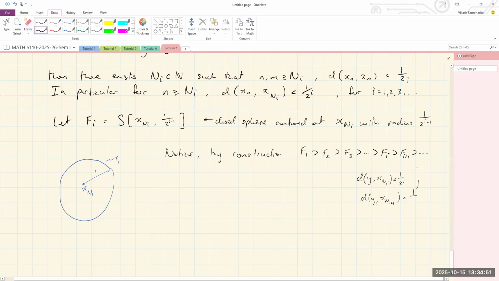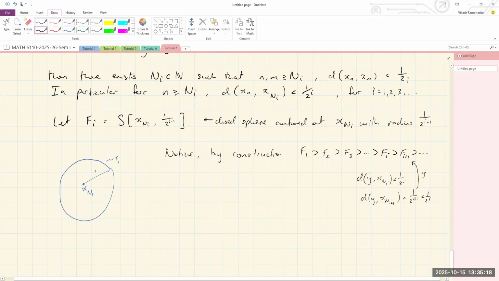I need to take a point in this set and then show it's in the next one, because the inclusion is going the opposite way. Yeah, sorry about that. So I'm going to take a y in Fi plus 1. So the distance between y and x n I plus 1 is less than 1 over 2 to the I plus 1, which is less than 1 over 2 to the I.